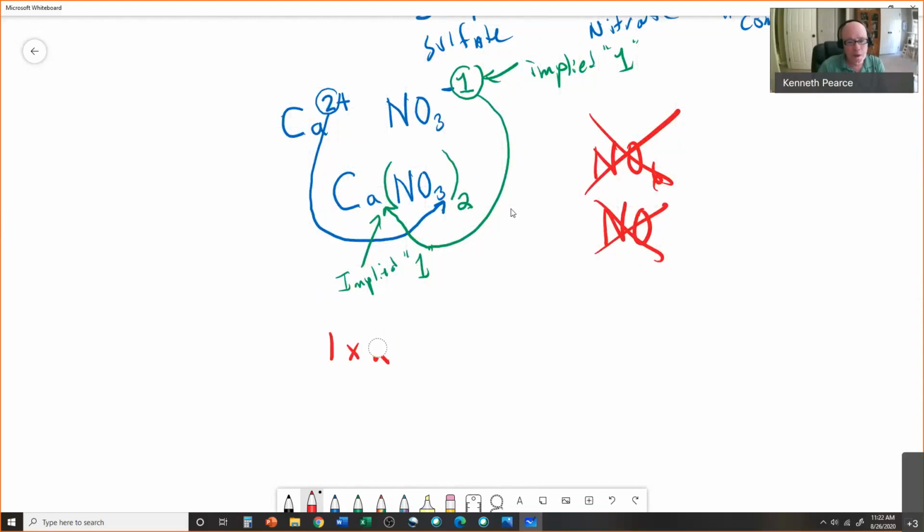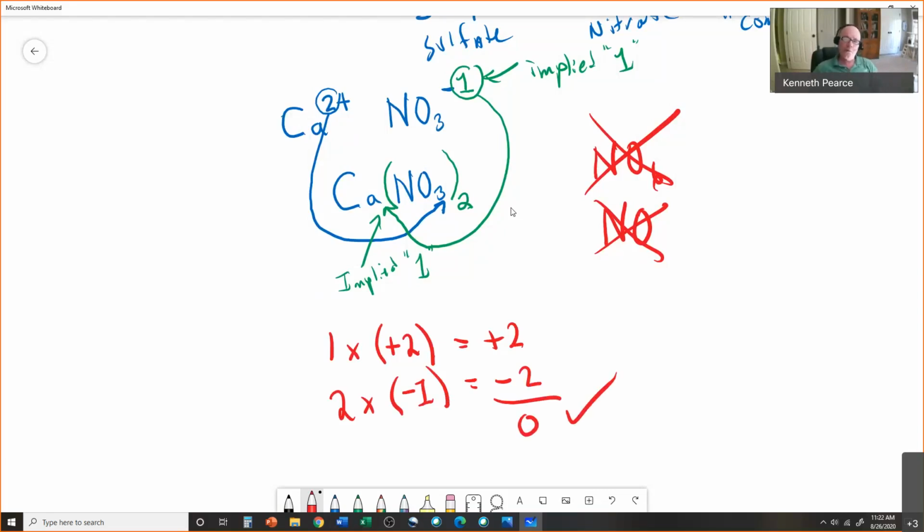I'm going to go ahead and put that in parentheses, +2. And we have 2 of the nitrates, but the charge on each one of those nitrates is -1. And so we get 2 times -1 gives me -2, and that gives me 0. So we're good on that calcium nitrate ionic compound.